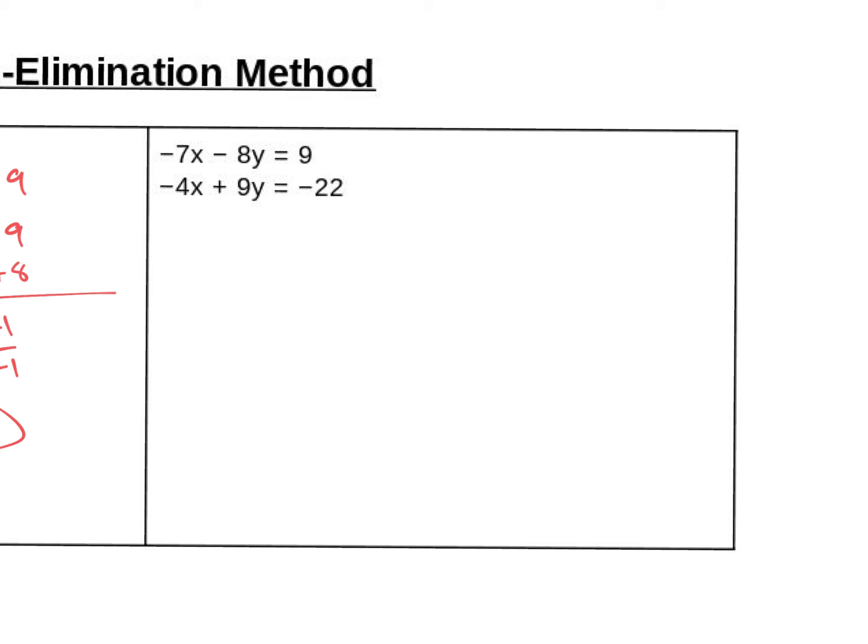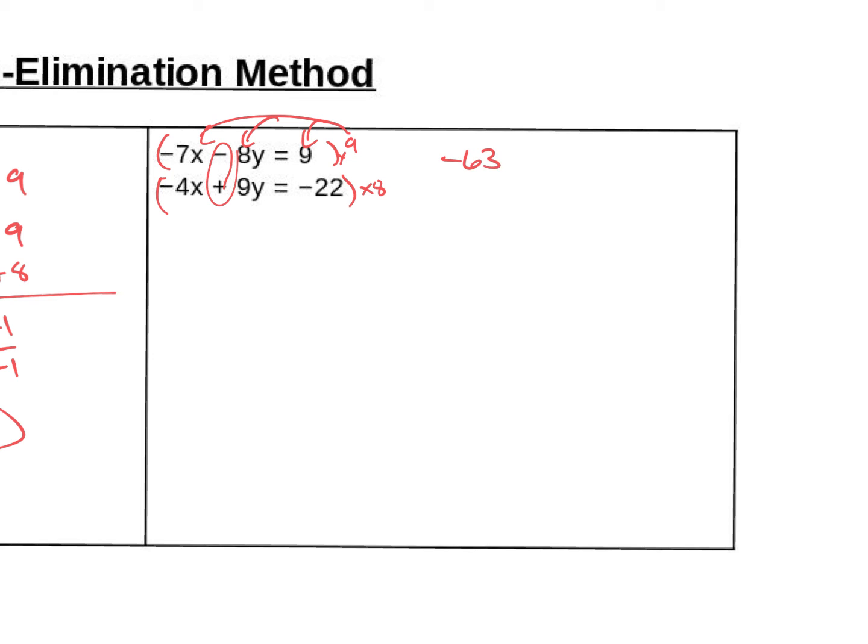The only thing I'm going to say here is we do see that the y's have a plus and a minus, which might be a little bit easier, just because if we multiply this one by 9, we can multiply the bottom by 8, and we don't have to multiply by any negatives because they're already going to cancel. So let's just take a minute to distribute.